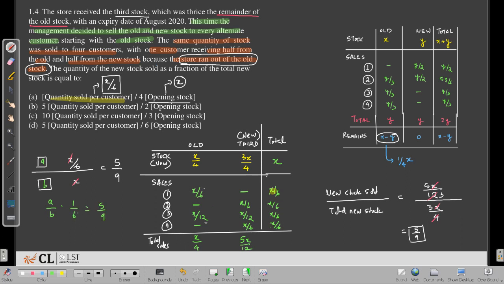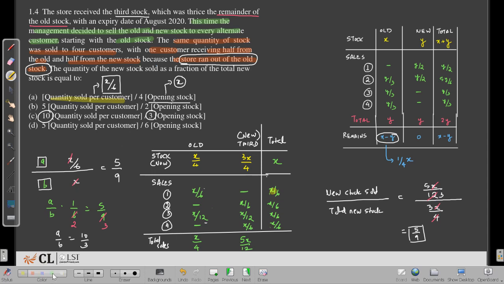Two 3s are 6, and three 3s are 9. You take the 2 to that side, and you get a by b equal to 10 by 3. So 10 times quantity sold per customer divided by 3 will be the answer.